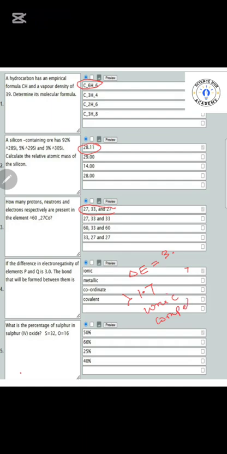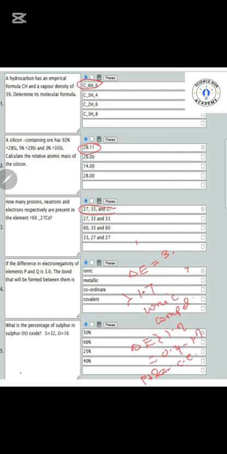So when the electronegativity difference is less than 1.7, let's say between 0.4 to around 1.7, this is mostly found in polar covalent compounds.